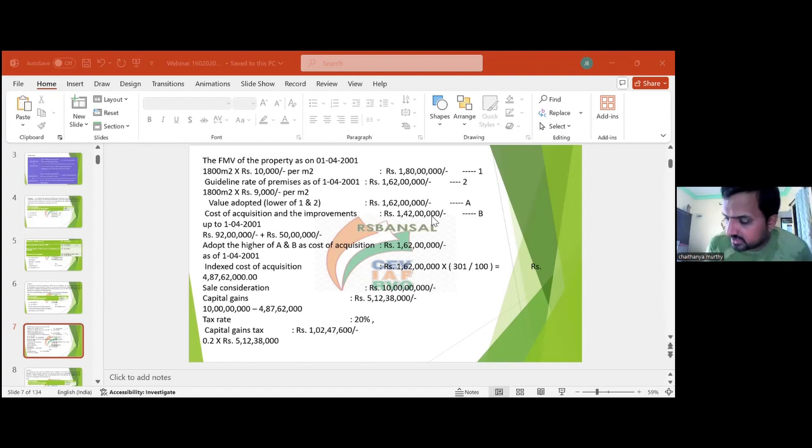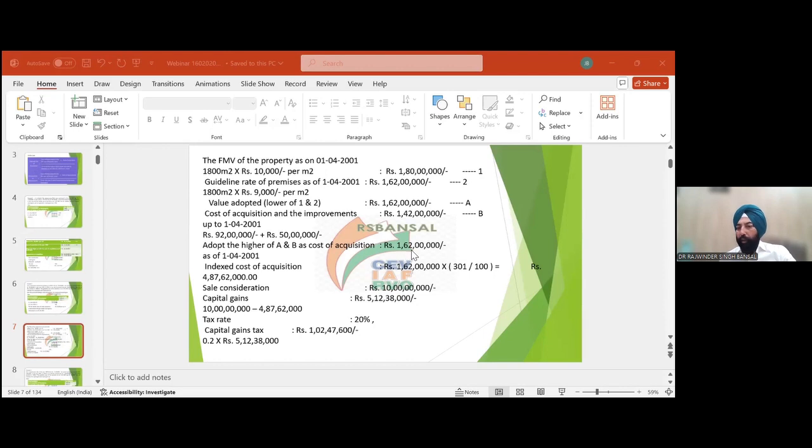Sir, actually the fair market value or guideline value, whichever is lower, as per the Income Tax Act, they say stamp duty value should not be more than the guideline value. Stamp duty value means whatever transaction is happening in the market, that is the fair market value, with evidence from the concerned registrar officer. In case cost of acquisition is more, you can take it if it is higher than guideline rate.